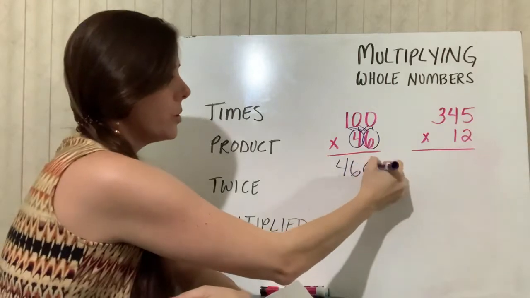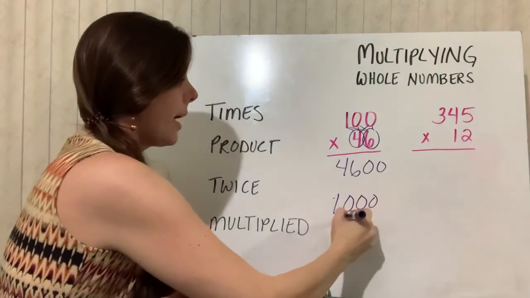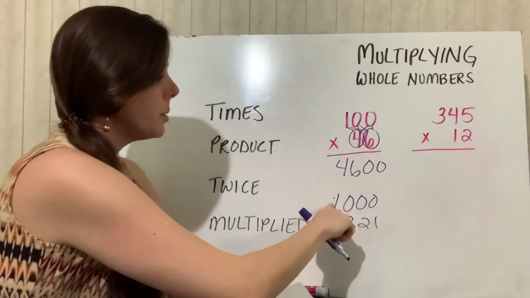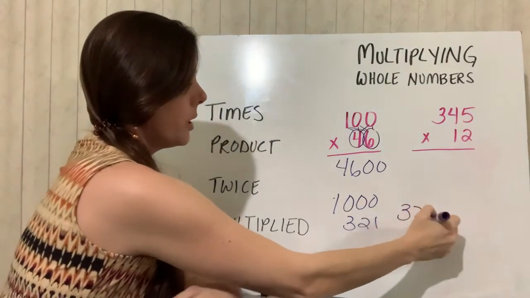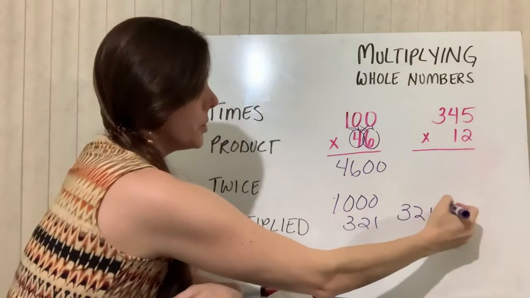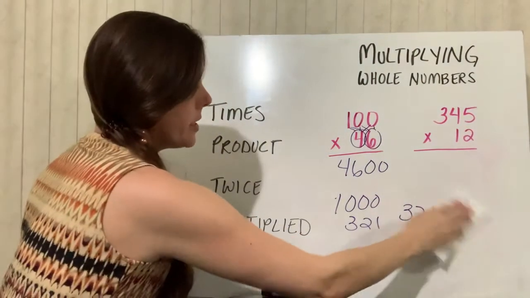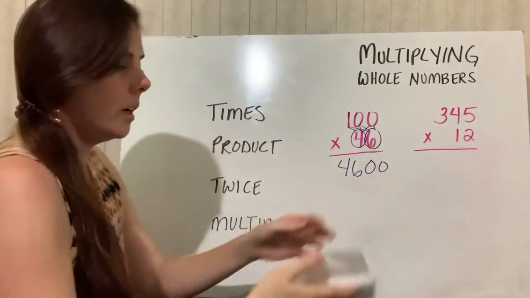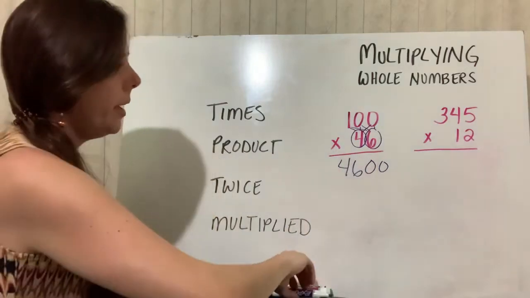So we just add those 2 zeros down here. So say I had 1,000 times 321. So we would just multiply 1 times 321, which is 321, and we would add those 3 zeros after it. So we want to remember our properties of tens, you know, that zero property kind of makes multiplication pretty simple.